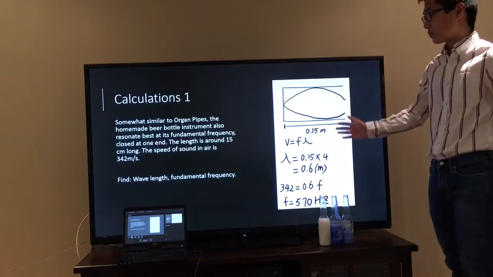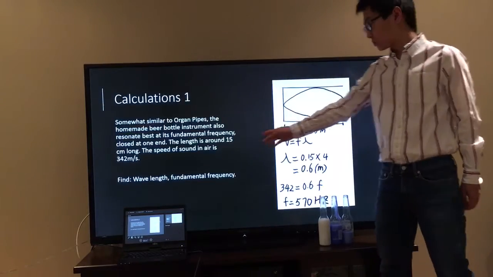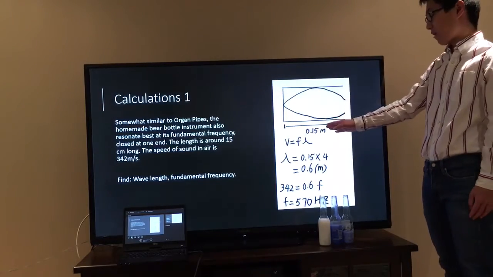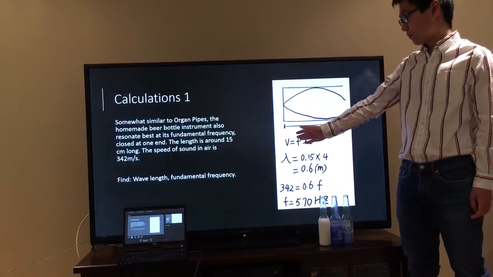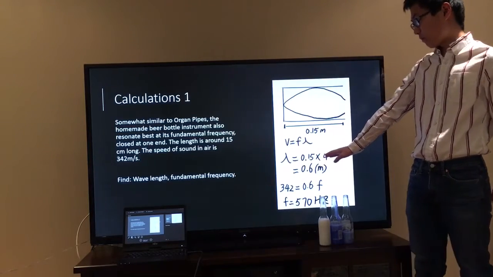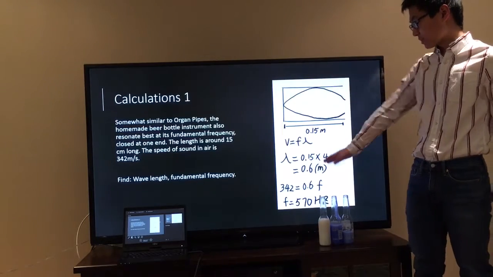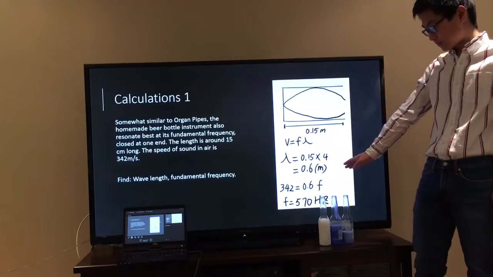Here I drew a diagram. We know, given in the question, that 15 centimeters gives you 0.15 meters, and we know the formula v = fλ. Therefore, λ equals 4 times 0.15, because this is a quarter of the whole cycle, and that gets you 0.6 meters.